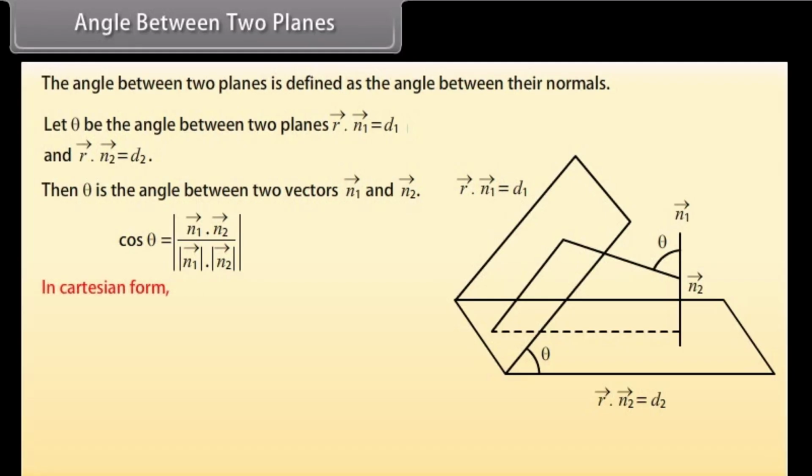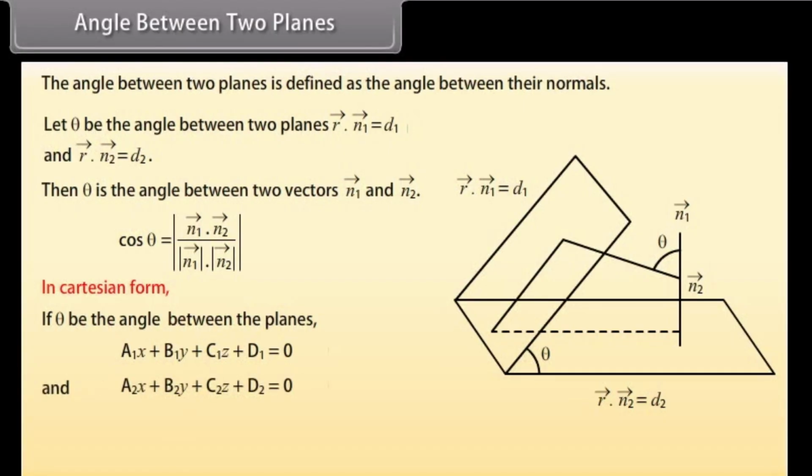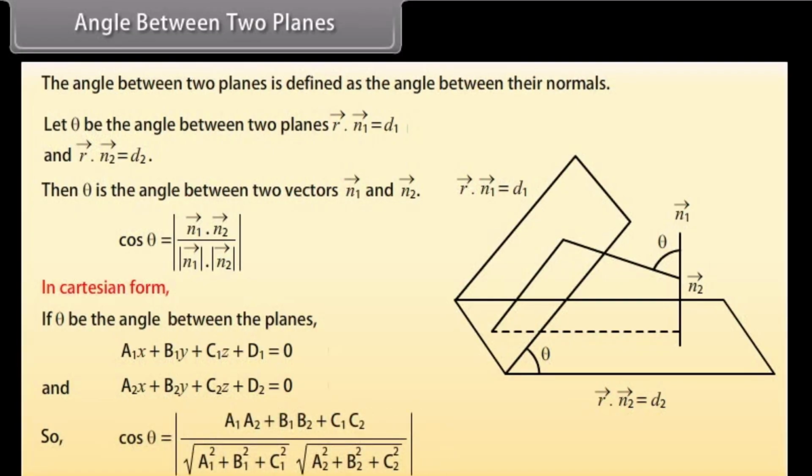In Cartesian form, if theta be the angle between two planes, a1x plus b1y plus c1z plus d1 equals 0 and a2x plus b2y plus c2z plus d2 equals 0, then cos theta equals modulus of a1 a2 plus b1 b2 plus c1 c2 divided by square root of a1 square plus b1 square plus c1 square into square root of a2 square plus b2 square plus c2 square.